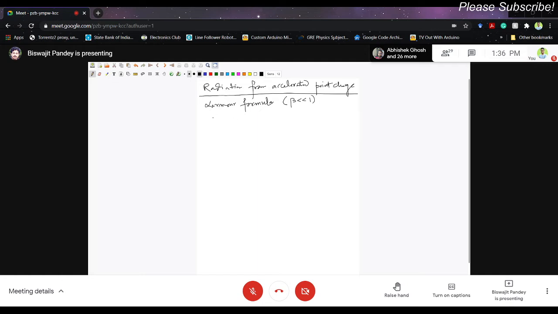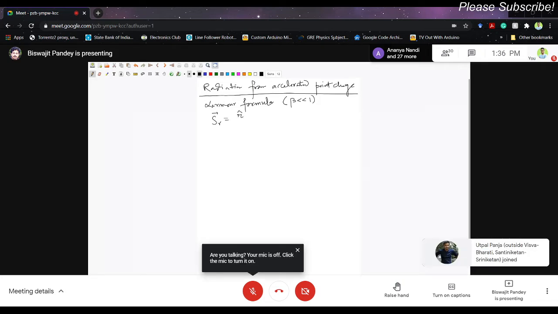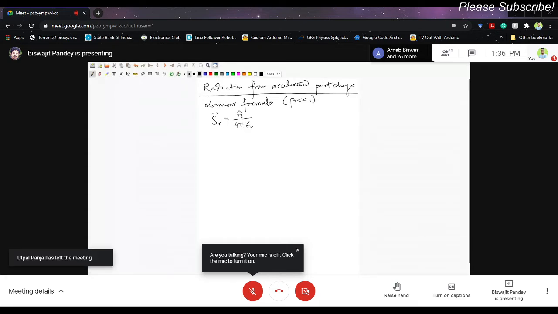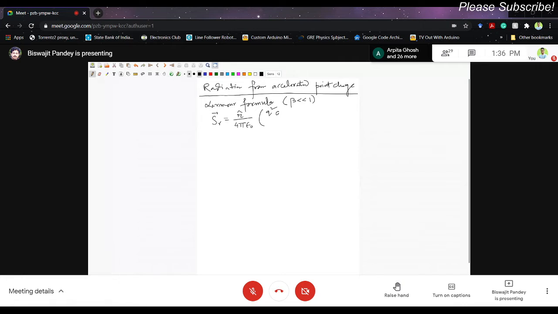In that case, the Poynting vector is given by r cap, and I hope all of you remember what r cap is, q is the charge, a is the acceleration, divided by 4 pi c cube, and we have a dependence on theta like sine square theta divided by r square.